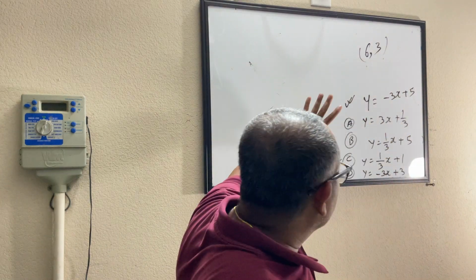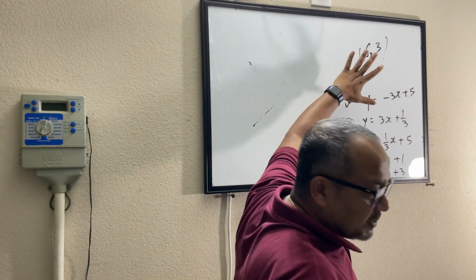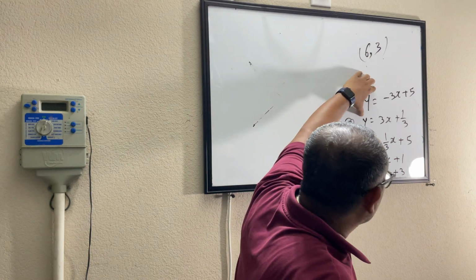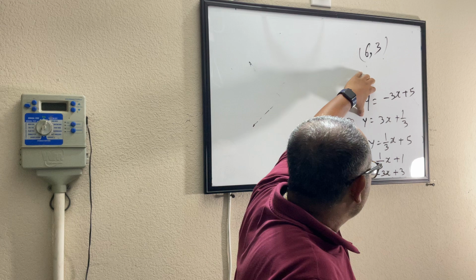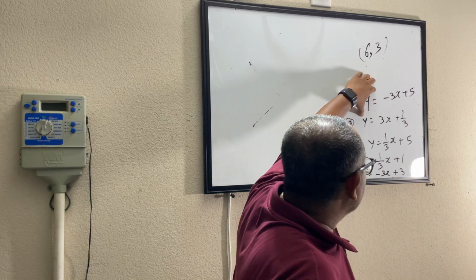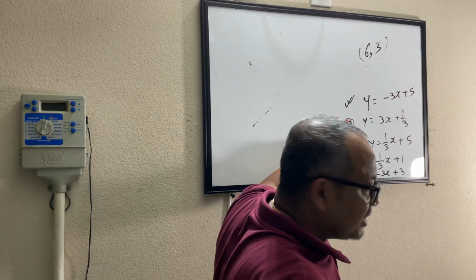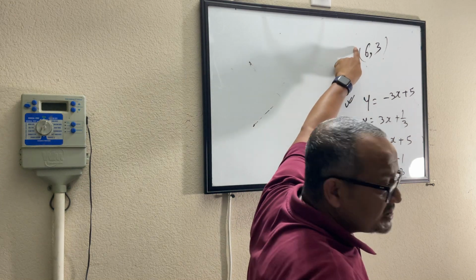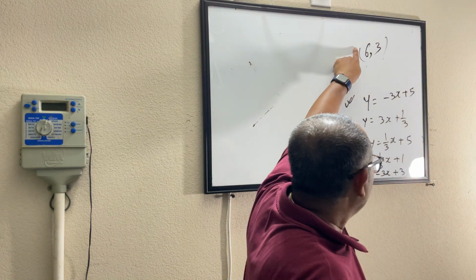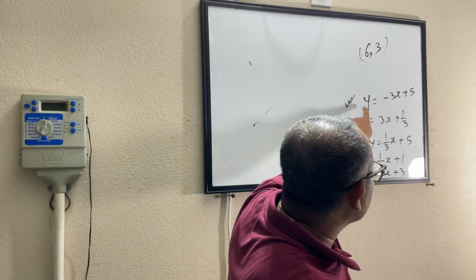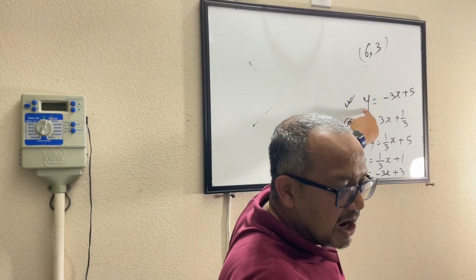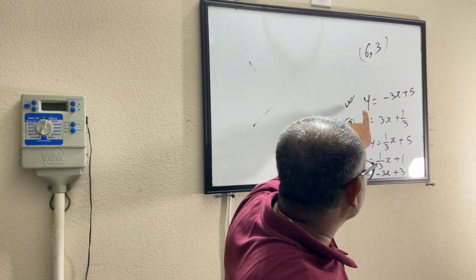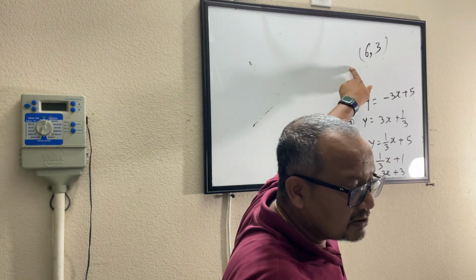If I have to solve this problem, this says this is the line, and the line that we are trying to find is perpendicular to this line and crosses this point. So first thing first, how do I find the relationship between this line and the line that is perpendicular to it?